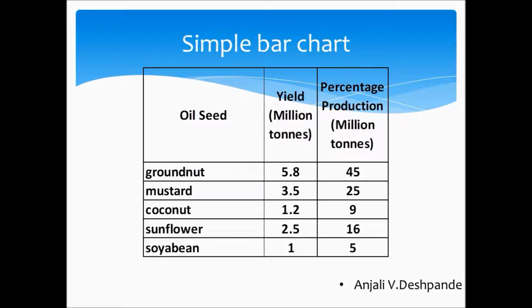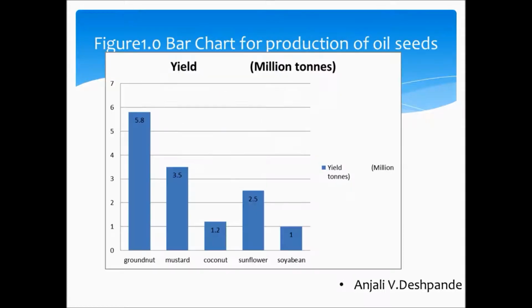So here 5.8, 3.5, 1.2, then 2.5 and 1. And the same thing is being seen over here in the chart. On the vertical axis we have the frequency information or percentage information of the observations falling into each category. And here you can see that we have the labels for each bar.